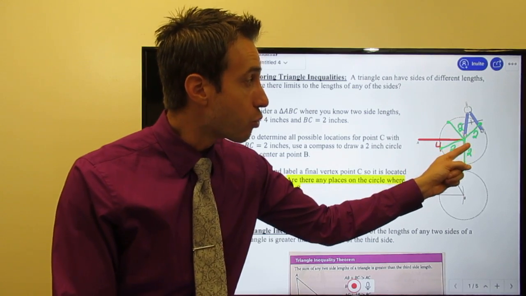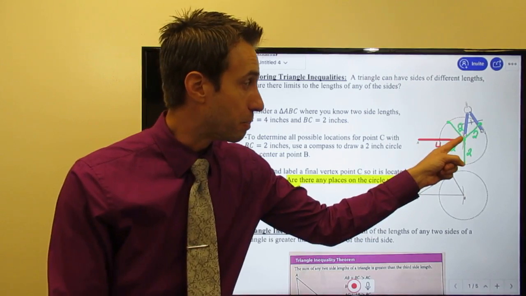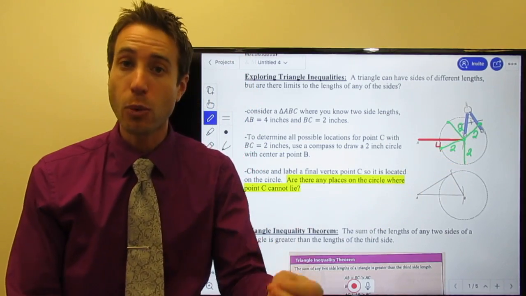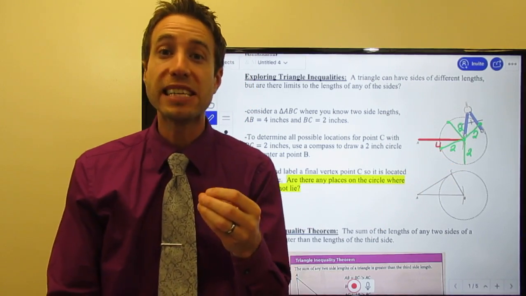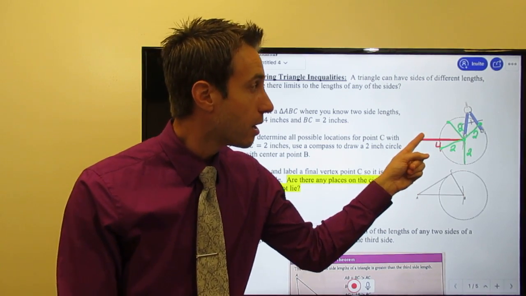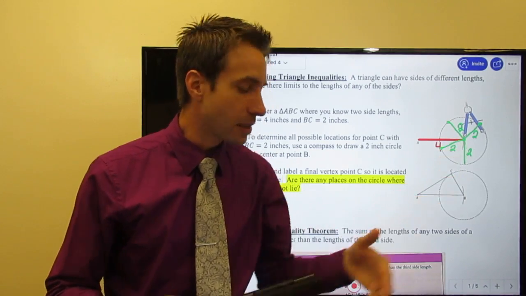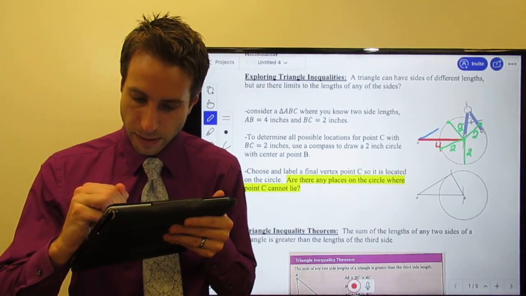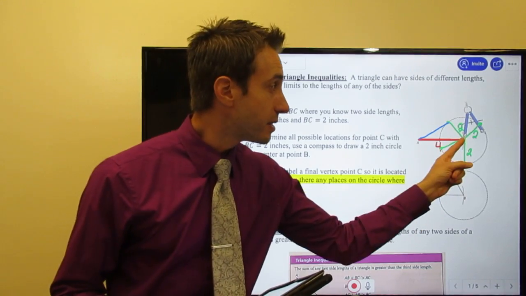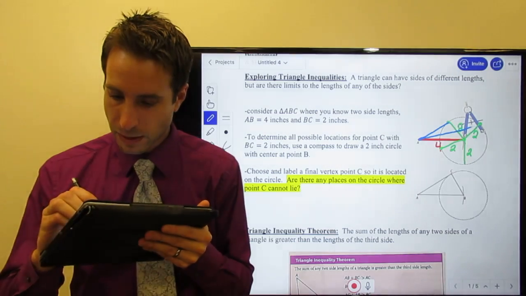Depending on where I draw the segment BC, what does it do? It changes the length of AC. If this is segment BC right here, then there's AC. If this is segment BC right here, there's AC.